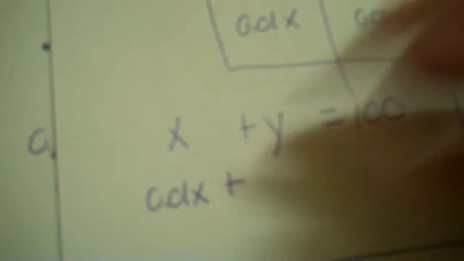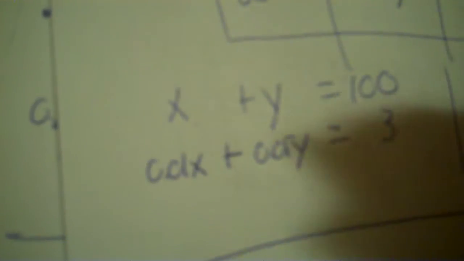So those are your 2 equations. x plus y equals 100. 0.01x plus 0.05y, then 3. These are not the same, so you're multiplying by 0.01 here and by 1 here.